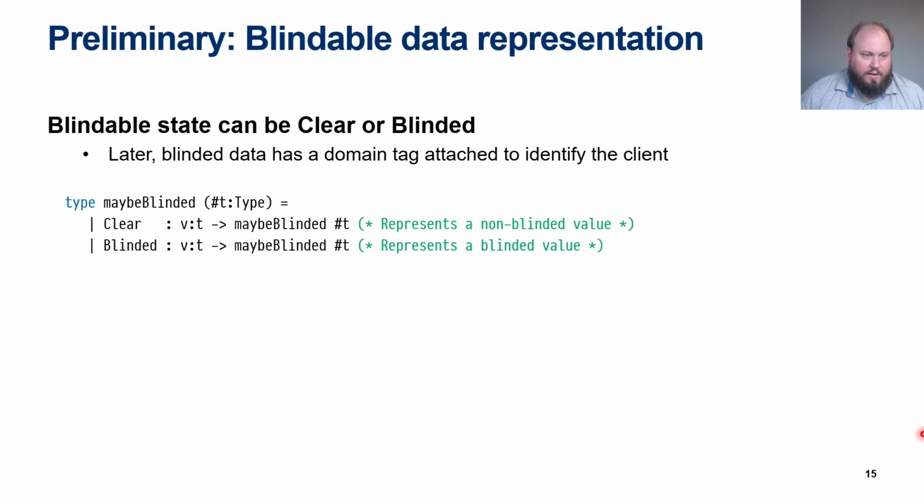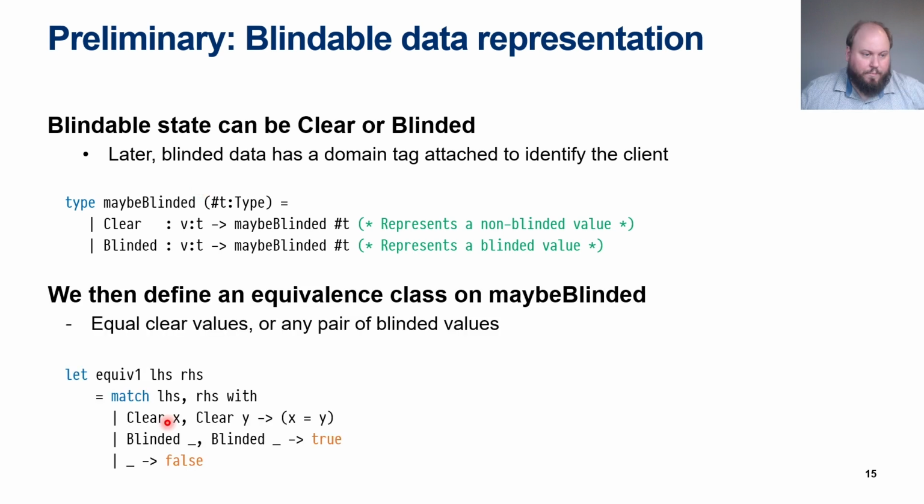And you can apply this to any kind of type. So that's what this is about. So you can have a maybe blinded type for any type of data, which lets us then define things like this, where we can produce a maybe blinded value that is clear by writing clear x, and then this is a clear value containing x.